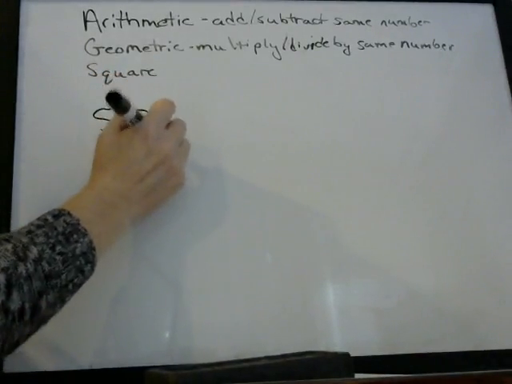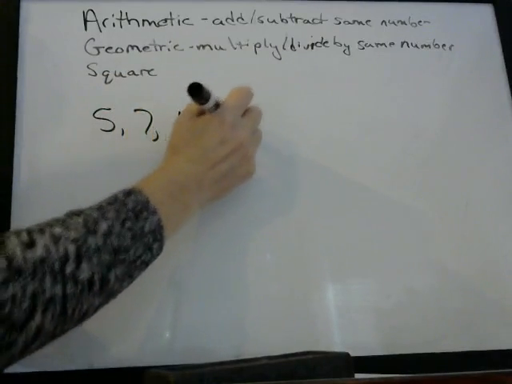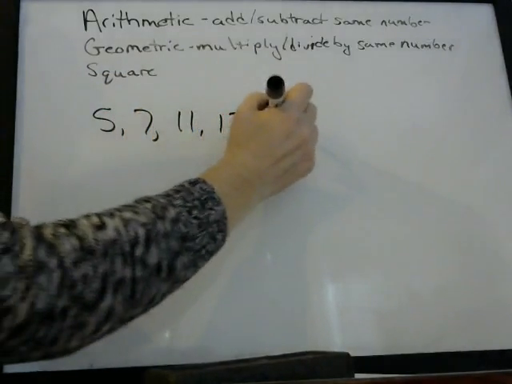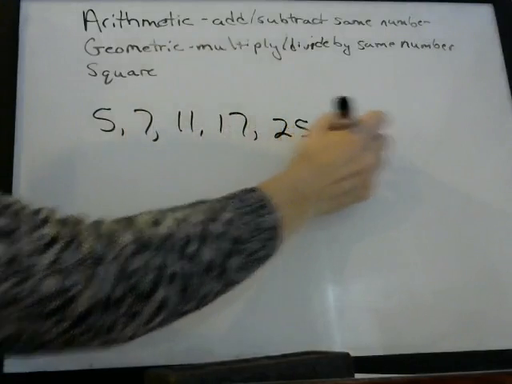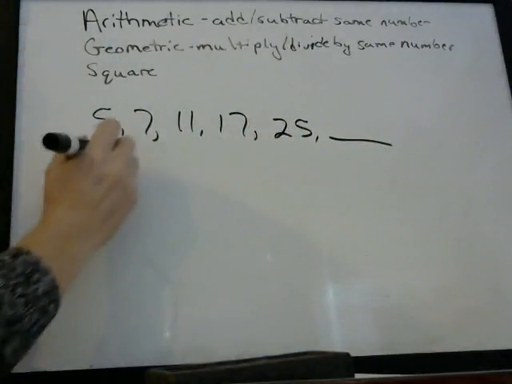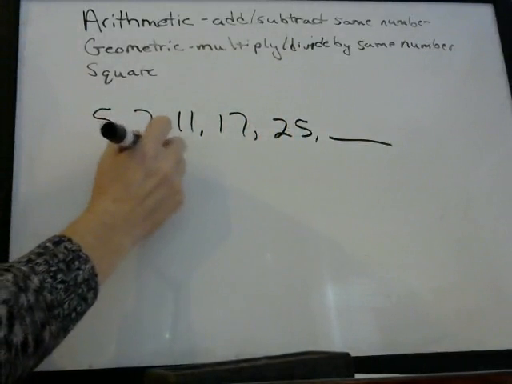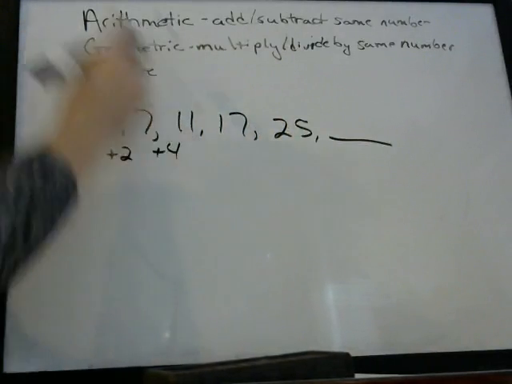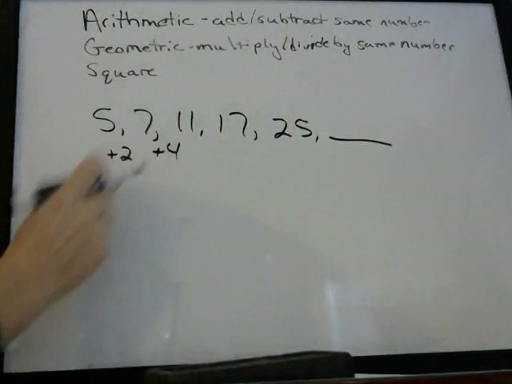5, 7, 11, 17, 25. What's the next number in the sequence? Again, look at arithmetic. Here we're adding 2, here we're adding 4. Well, it's not the same number, so it's not arithmetic. Is it geometric?